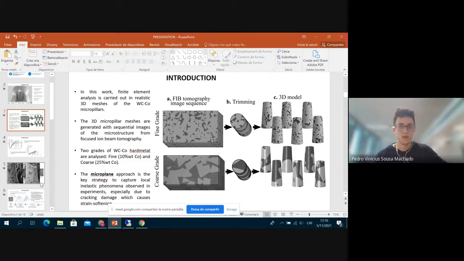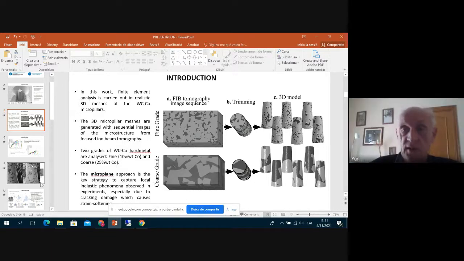It could be tomography, or I have seen a work where they simply polish the microstructure and take pictures, polish again, take another picture. So they do this sequentially, and they obtain a sequence of pictures, and they can rebuild the microstructure in 3D on the computer. If you could do the same with X-ray, I don't see why you could not do this. Well, this I don't know.